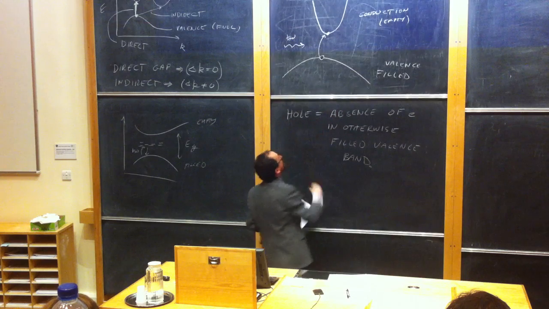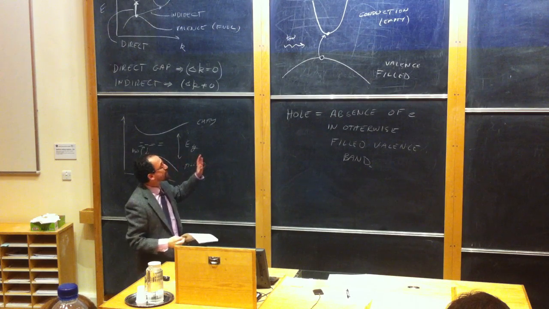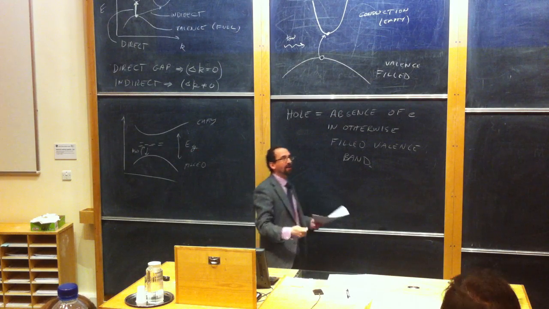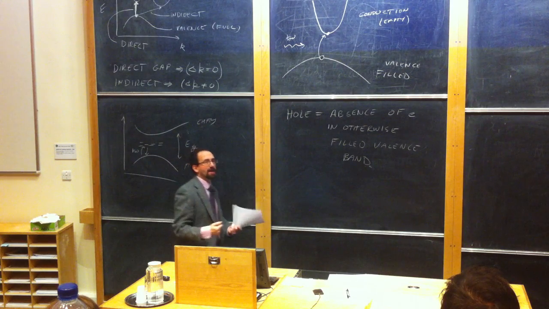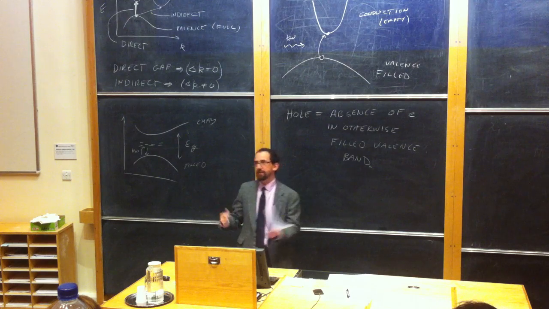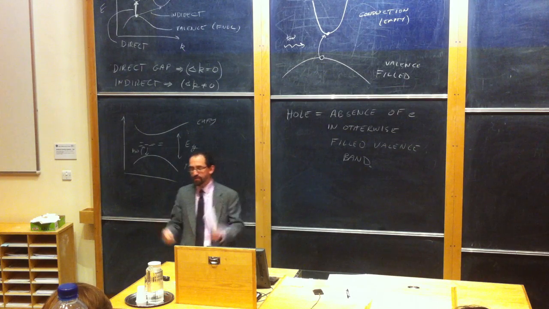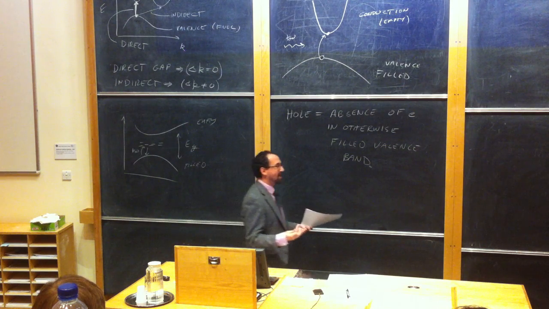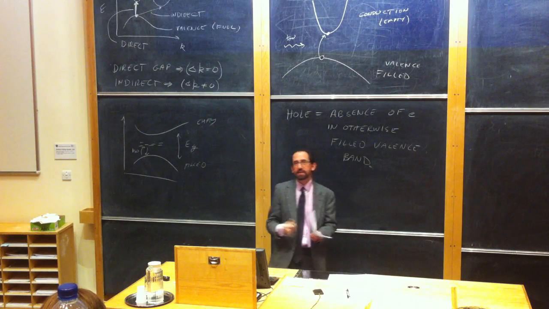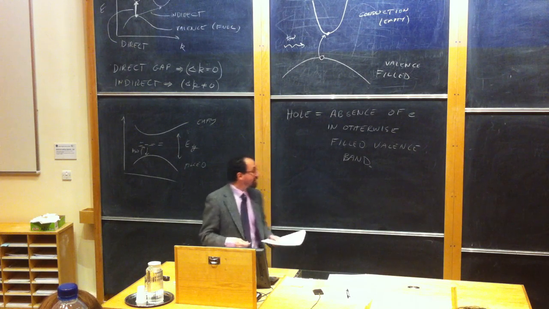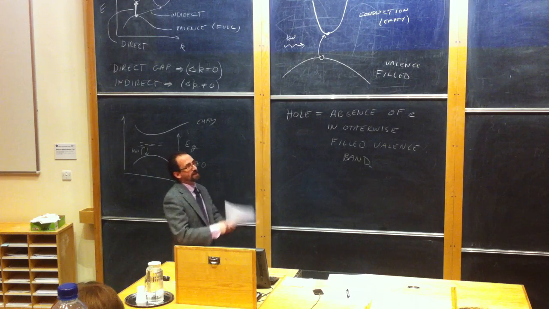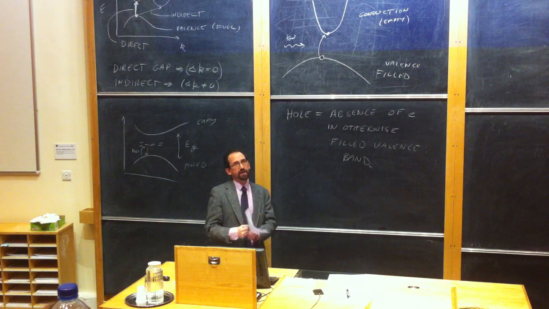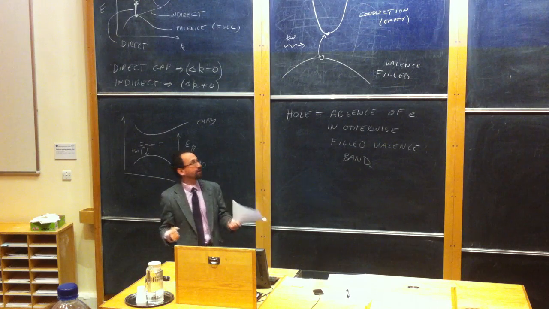And this should be thought of as being entirely analogous to electron-positron creation in the genuine vacuum, the vacuum of space here. The vacuum of space, like the filled valence band, is completely inert. But when a photon of sufficiently high energy comes in, it can pair create an electron and a positron from the vacuum.